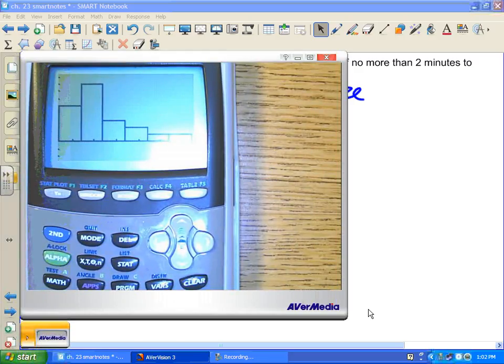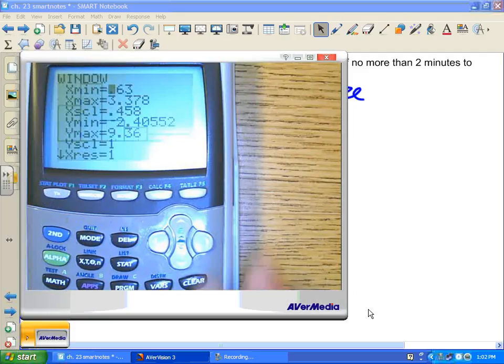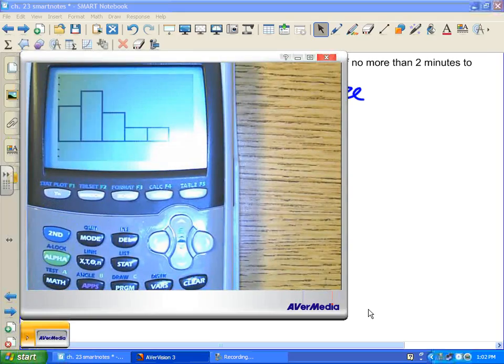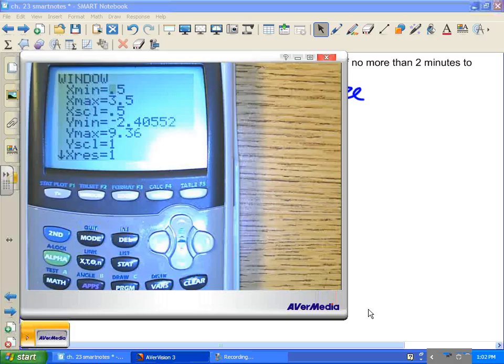I tried to play with the numbers earlier to make it less skewed, but it never really got any better. It's still pretty skewed. So I changed it to 0.5 and 0.35. All the calculator does is it puts the lowest number and the highest number and then divides by some number. So I tried to make it a little more reasonable, but it didn't really change the graph a lot.